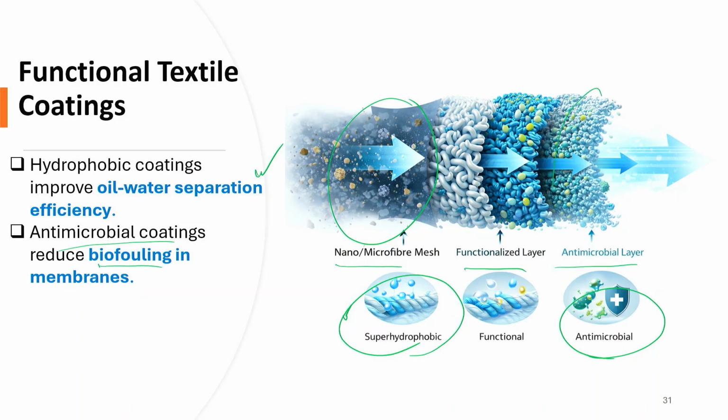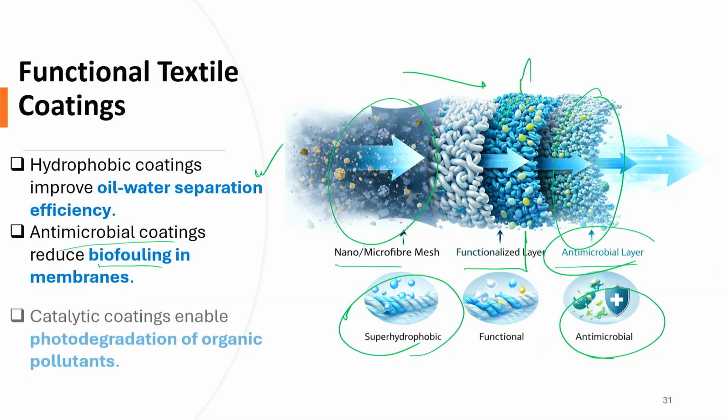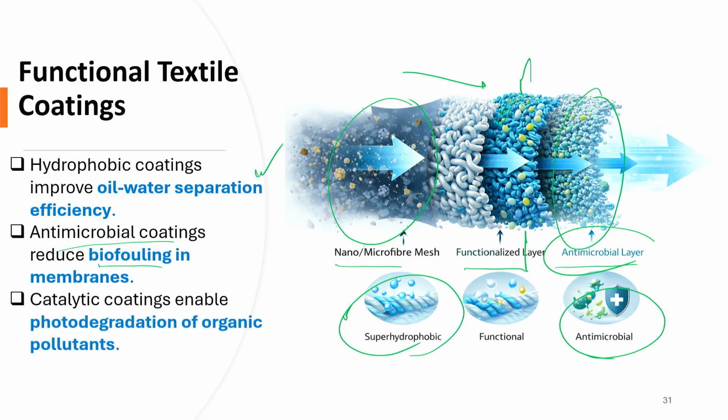Here an antimicrobial layer is incorporated, because due to water filtration, whatever bacterial effect will be there in the filter structure, if we use an antimicrobial layer, that will reduce the biofouling, and it will enhance its life.